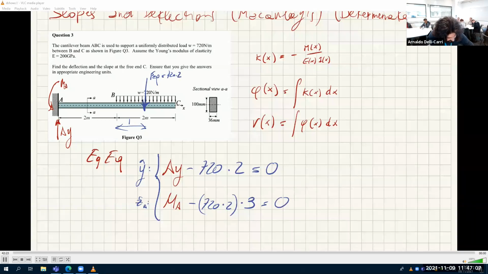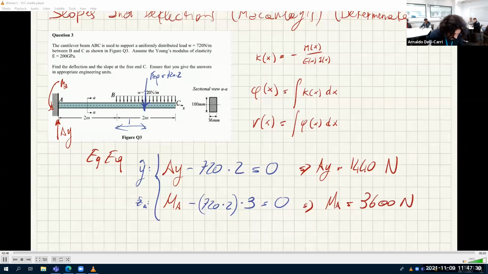So this gives AY 1440 newtons, and MA is 3600. Is this true? No. 4,320. Yes, this is more likely, because it's 1440 times 3. Basically, that's what it is.